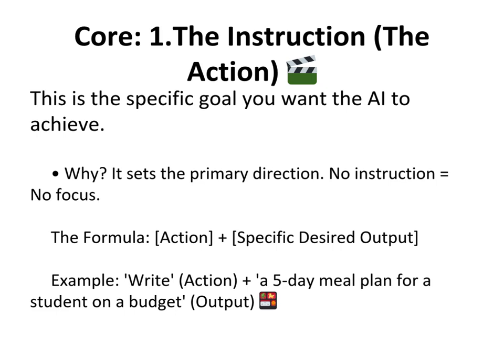What is the instruction? The instruction is the specific goal or the action that your AI proceeds to take in order to achieve a directed goal or output. Why is an instruction important? The instruction is important because it sets the primary direction for how your AI model is going to work.